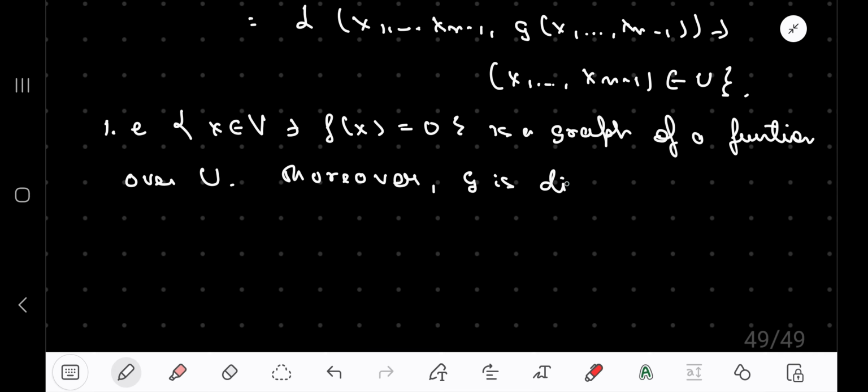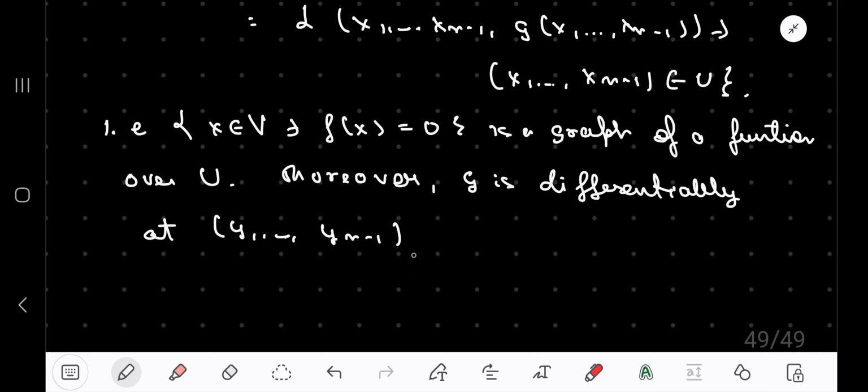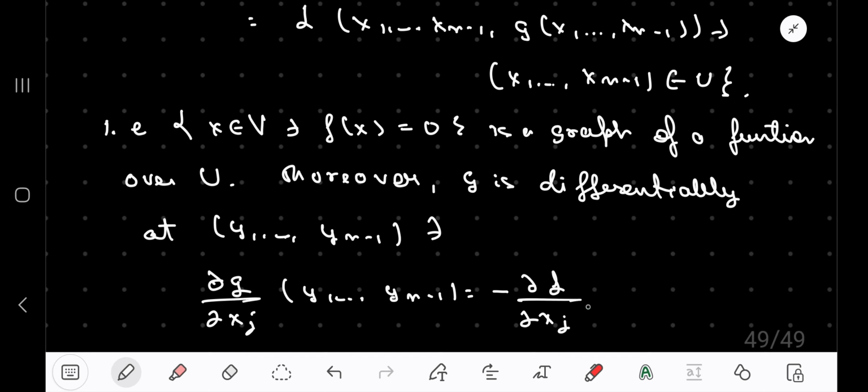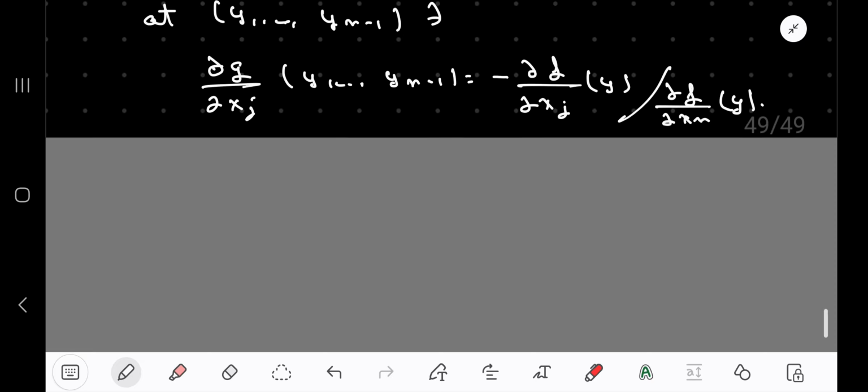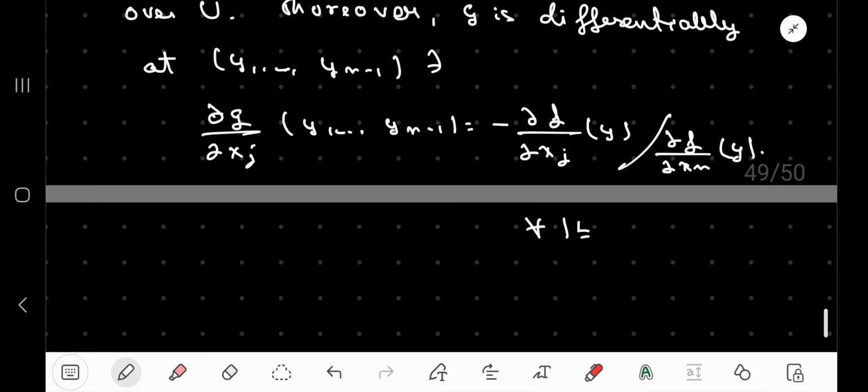Moreover, g is differentiable at the n-1 coordinates of y, and the structure of its derivative is given in this way: the partial derivative of g at this point is minus del f by del xj of y divided by del f by del xn of y, and this happens for all 1 less than or equal to j less than or equal to n-1.